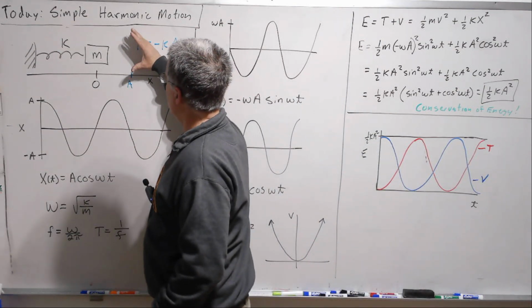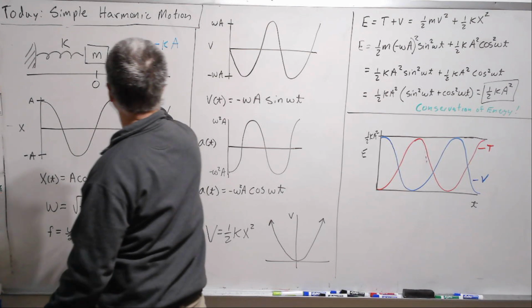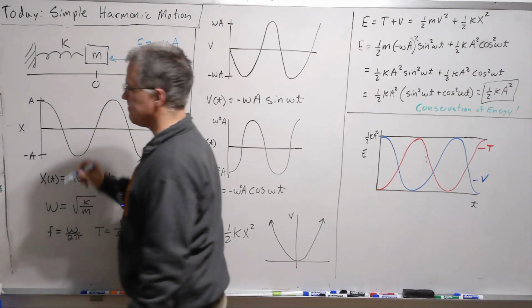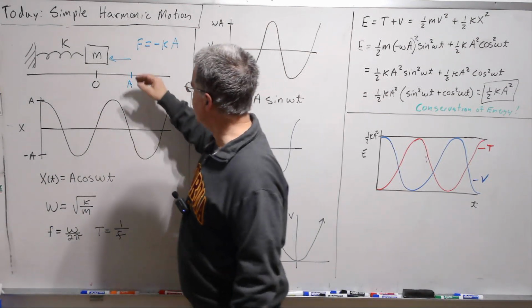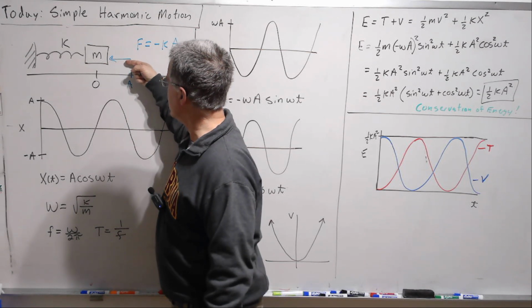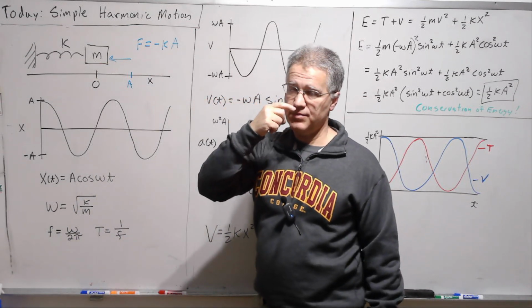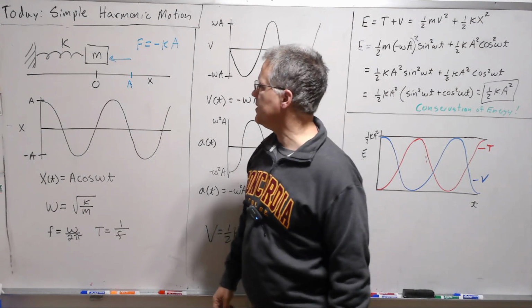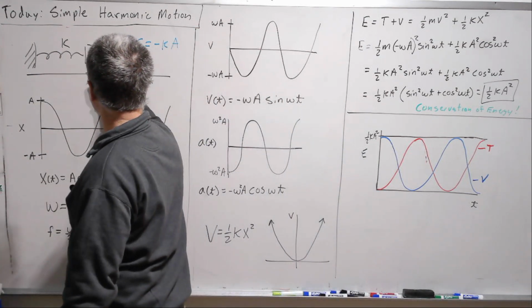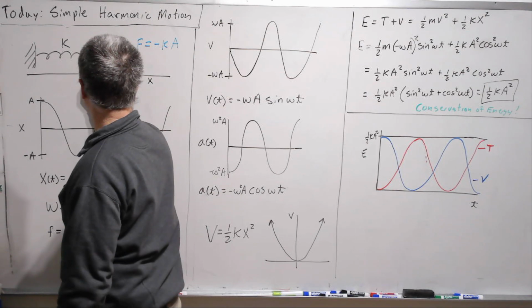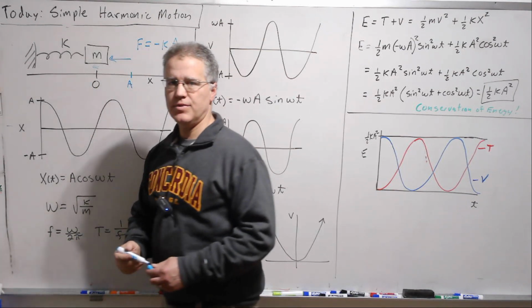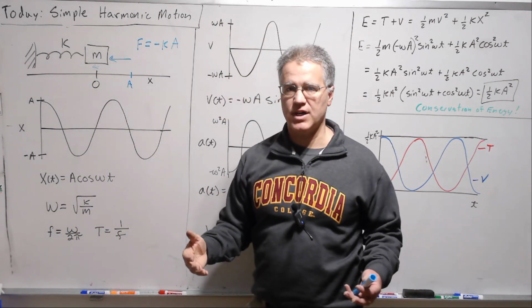So as I let go, the mass is going to want to move this way, and as it does so, it will start to accelerate. It will lose potential energy, pick up kinetic energy, and as it goes through the equilibrium point, we will have no force on it.